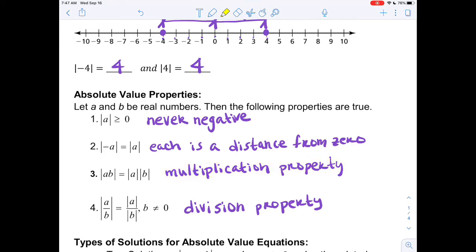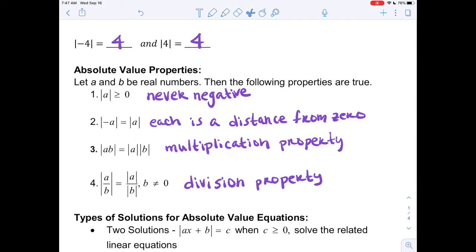Finally, another property is that when we are dividing two numbers that are inside absolute value bars, that's the same as taking the absolute value of each number and then doing the division as a second step. So those steps are interchangeable. Remember that this b value in the denominator can't be 0 because everything explodes when you try to divide by 0. It's undefined. So again, this is our division property.